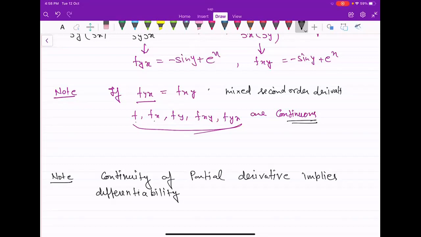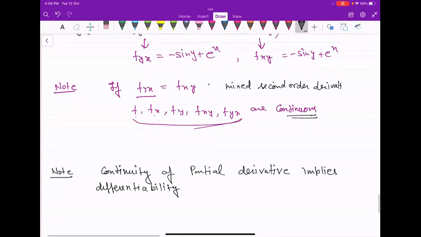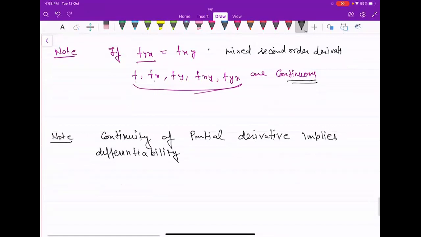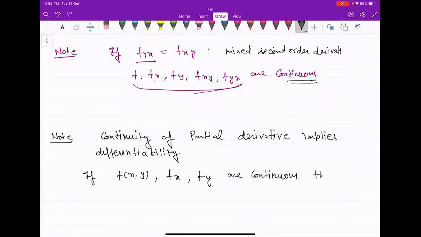What does it mean? If the partial derivatives fx, fy, and fxy are continuous throughout the domain R, continuous throughout the domain R.